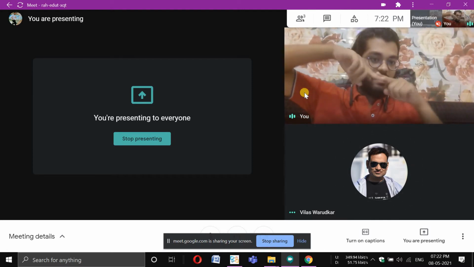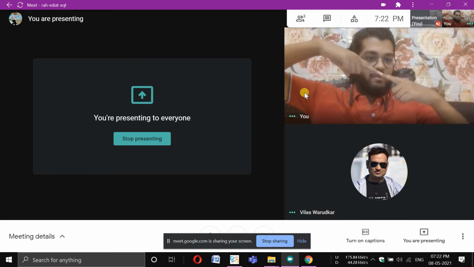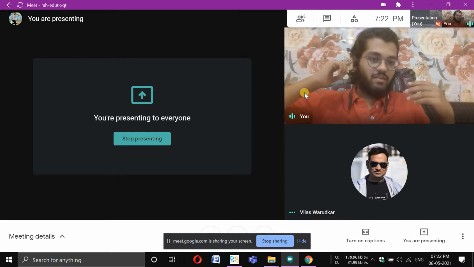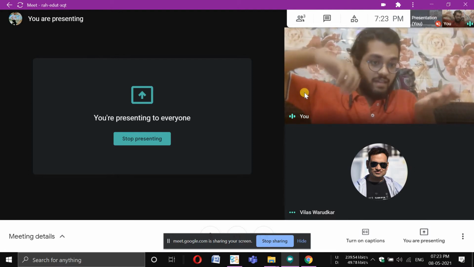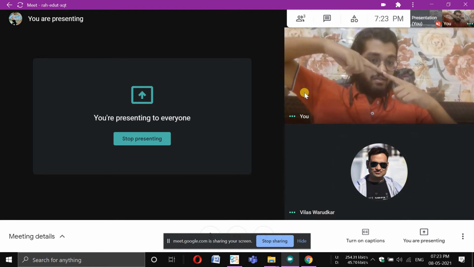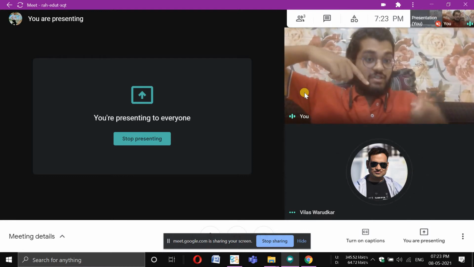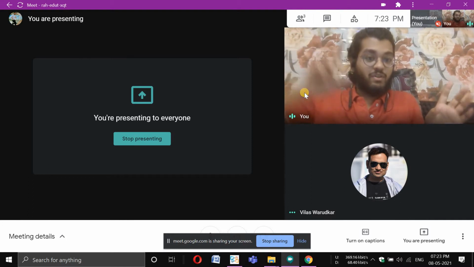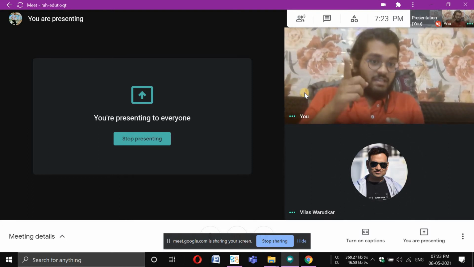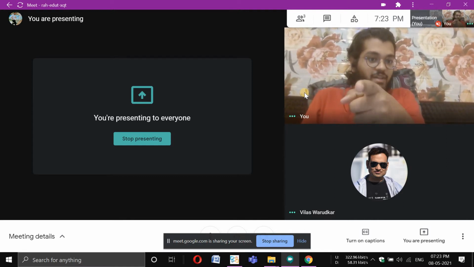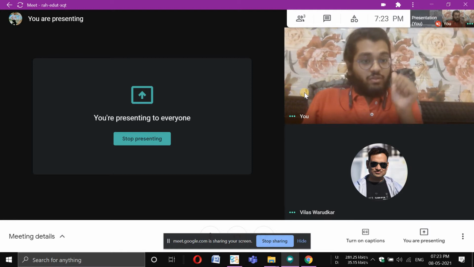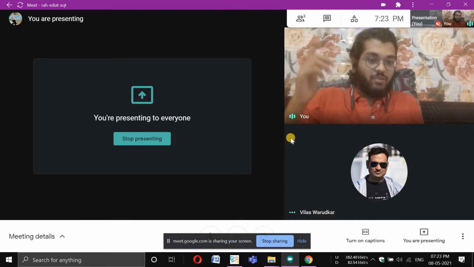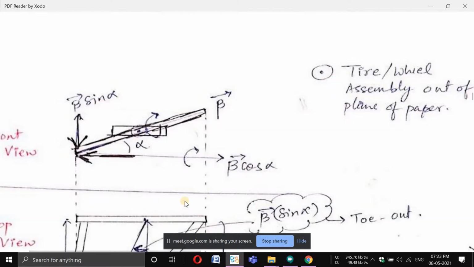Beta cos alpha is what we see from the rear view, when we look at the vehicle from behind and the right tire is lifted up. Beta sin alpha we could not see, because this axis has been resolved into two components. Beta cos alpha has this direction, inside the plane of paper, and beta sin alpha is in the upward direction. So the sine component of beta will generate toe, which I am talking about in the PDF. Yes, sir, in the PDF we can see.